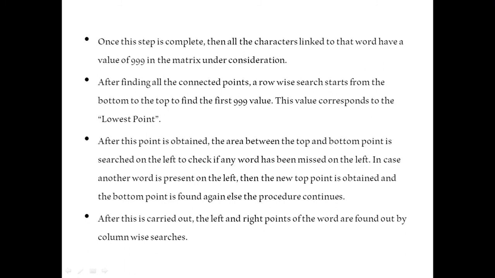After this point is obtained, the area between the top and bottom point is searched on the left to check if any word has been missed on the left. In case another word is present on the left, then the new top point is obtained and the bottom point is found again, else the procedure continues.